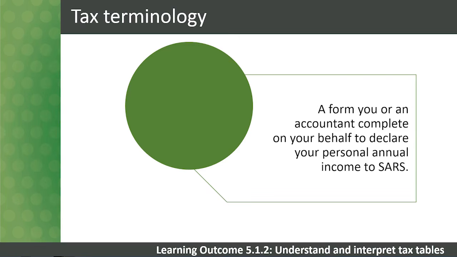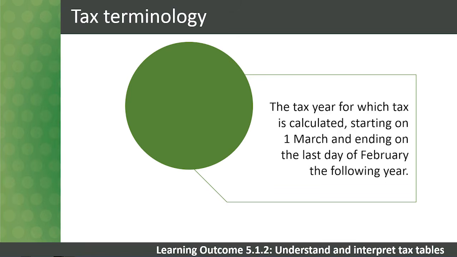A form you or an accountant complete on your behalf to declare your personal annual income to SARS. Tax return. The tax year for which tax is calculated, starting on 1 March and ending on the last day of February the following year. Year of assessment.